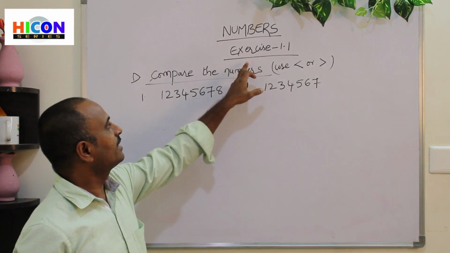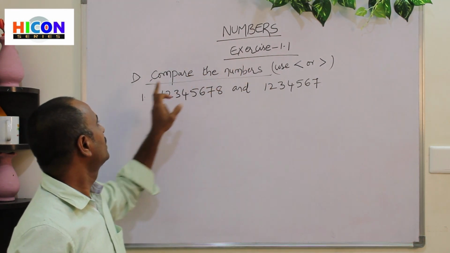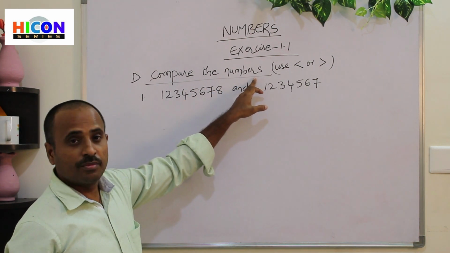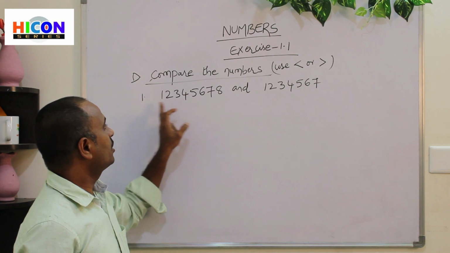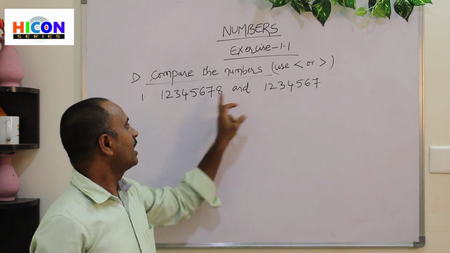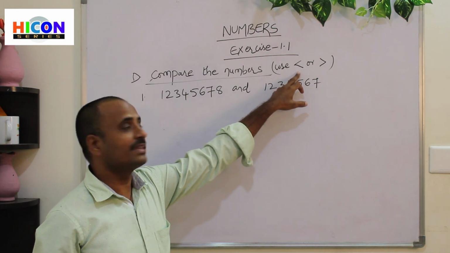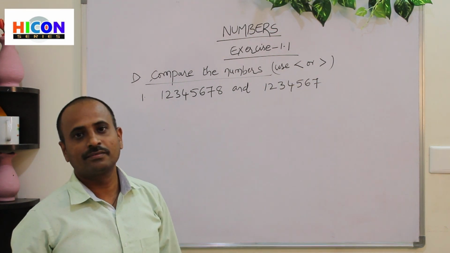So children, let us see exercise 1.1, section D, compare the numbers. There are two numbers given. We have to compare these two numbers by using the symbol less than or greater than.